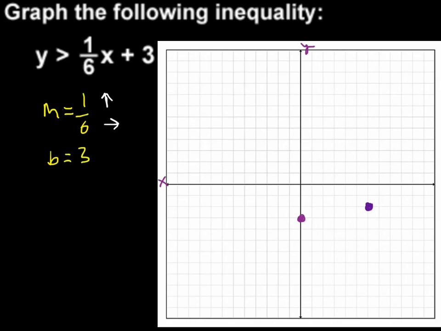Now this is different too. Sorry guys, this problem changed. So it's a dotted line because it's greater than. And greater than is going to shade up here.